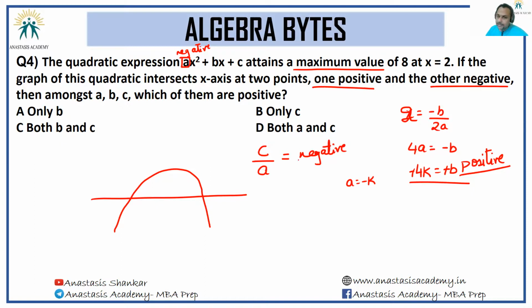If the product of roots is negative and a itself is negative, this will help me infer that c has to be positive. What is left of c has to be a positive number. So b has to be positive, c has to be positive. The answer to the question will be option C.